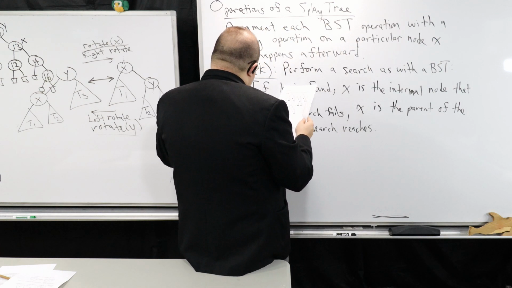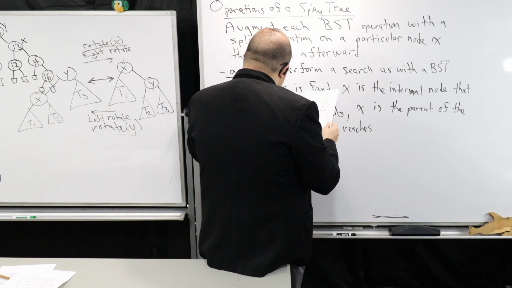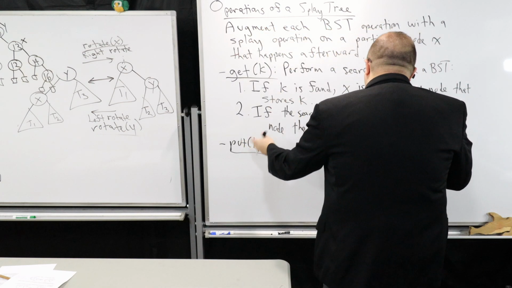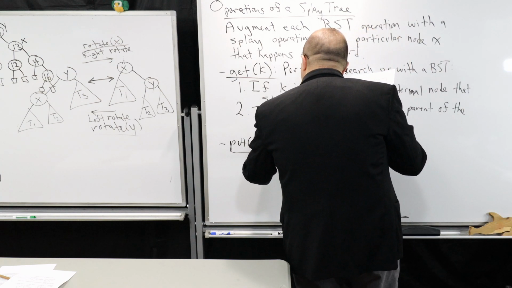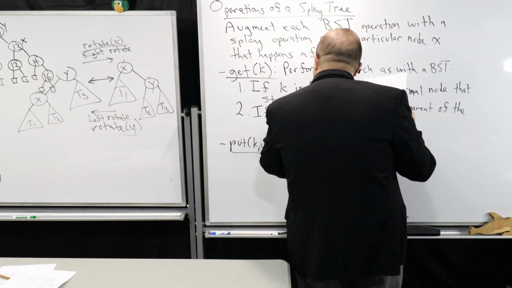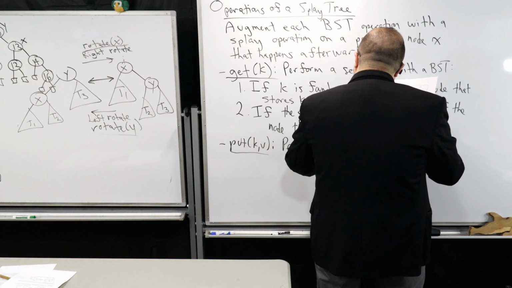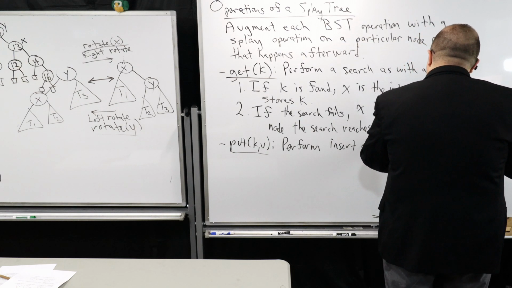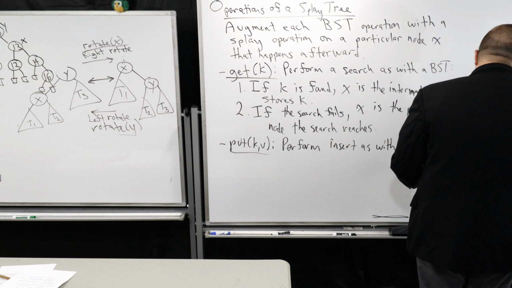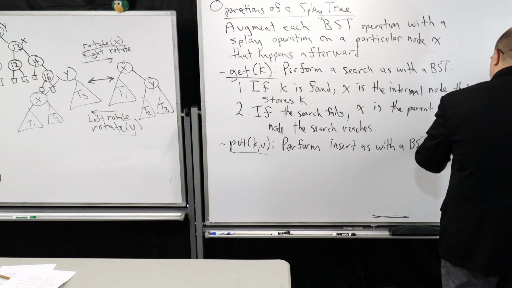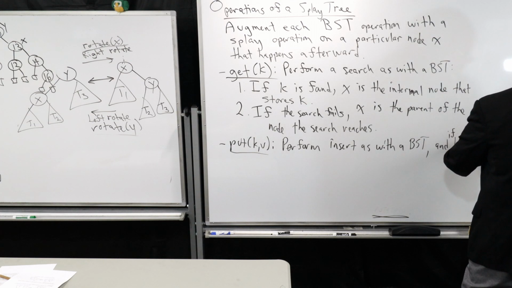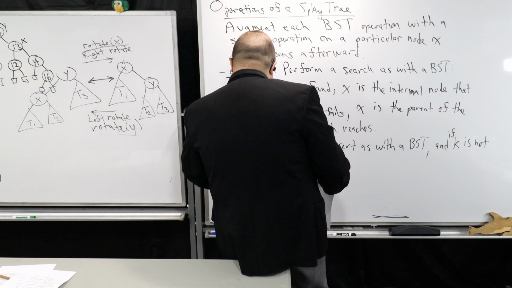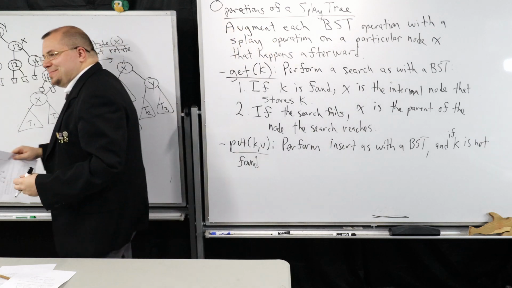That's it. If you're doing an insertion, I'm calling it put. I give you the key and a value. You just perform insert as with a binary search tree. And if K is not found, because in a dictionary we have unique keys, which is more of a technicality, but I just have to mention that.